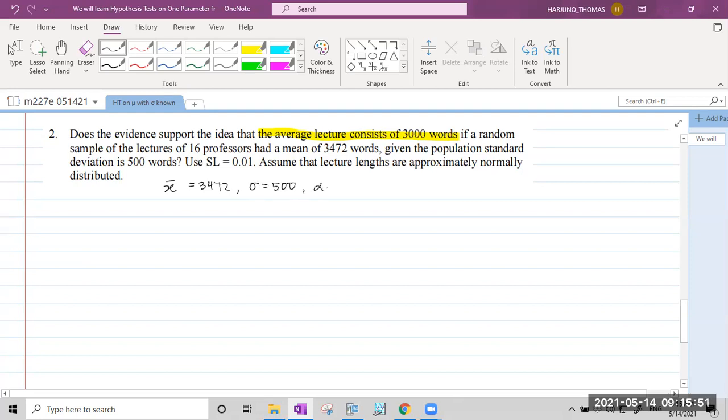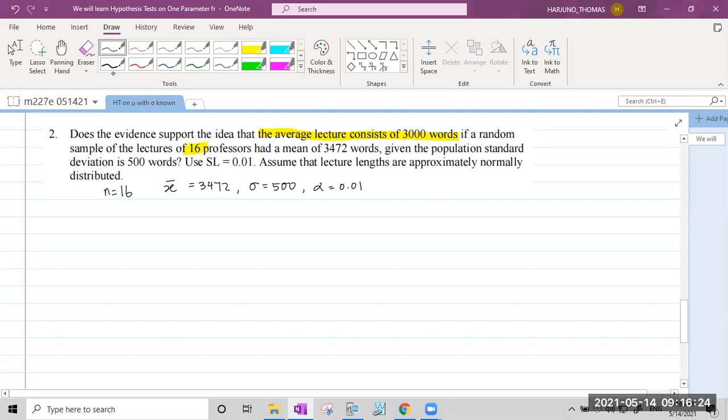Use significance level 1%. Assume that the lecture lengths are approximately normally distributed. Why do they need to use the assumption of normally distributed? Because the sample is only 16. The sample size is less than 30. So the underlying population, the length of lectures, has to be normally distributed.